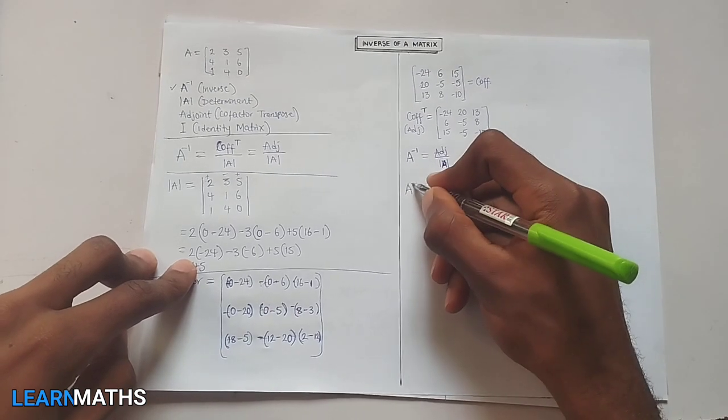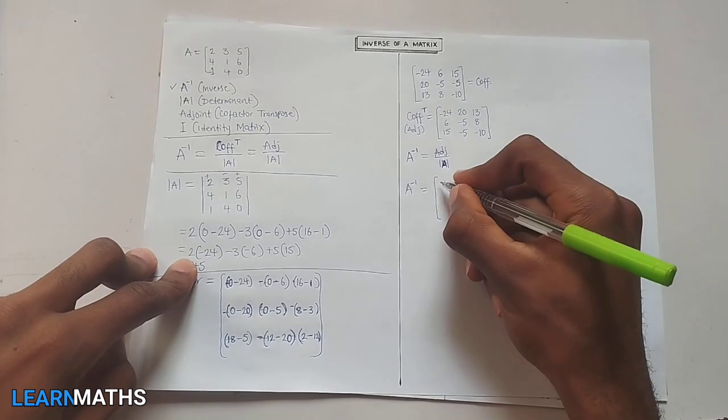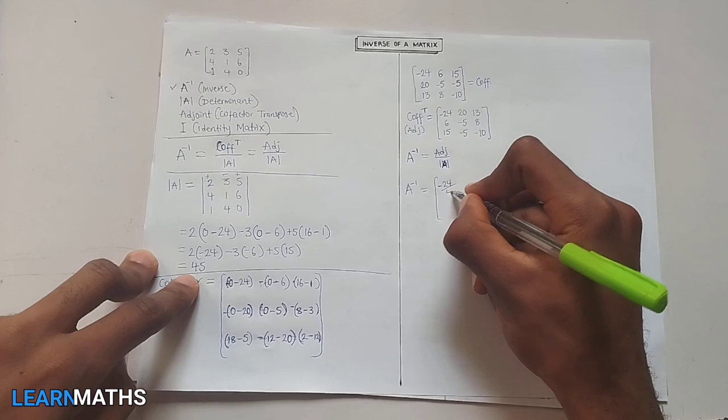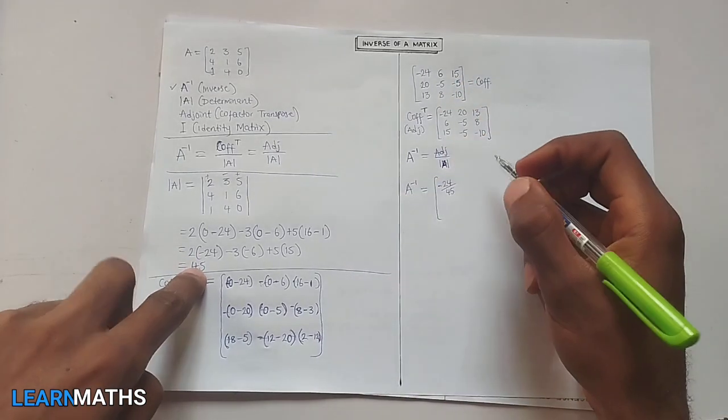All right, so the inverse of this matrix is going to be negative 24 over 45. I'm going to be dividing each element in this matrix by the determinant.